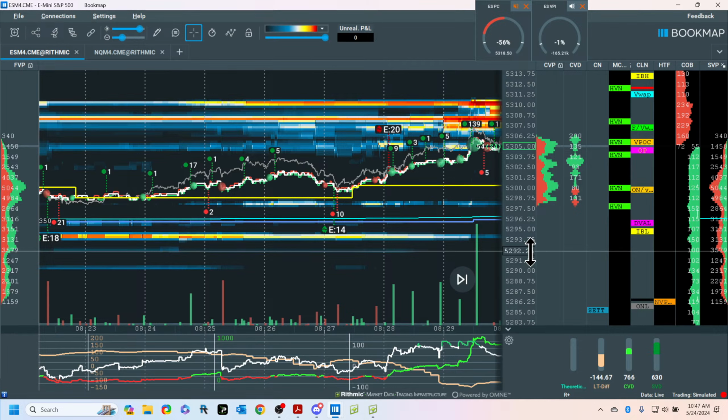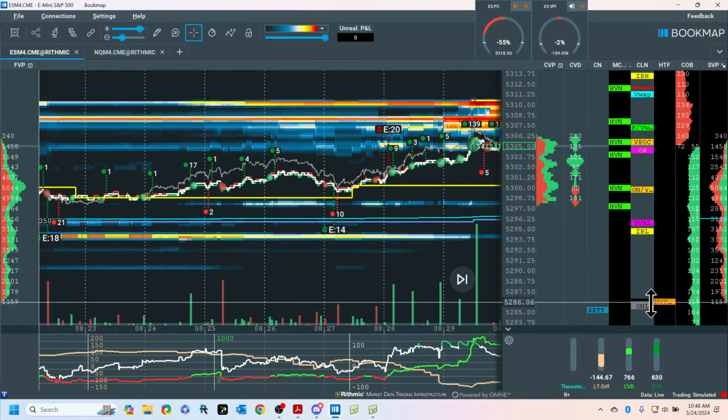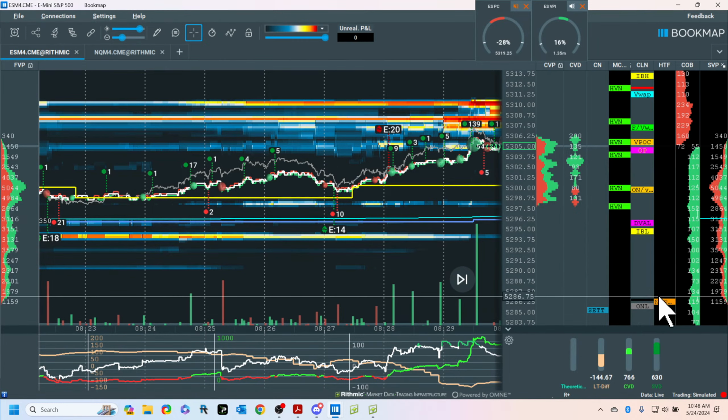Is that this naked volume point of control? Isn't this our 86? Is that correct? Can you confirm that? $86 quarter. Thank you. So, guys, this is the last retail price.